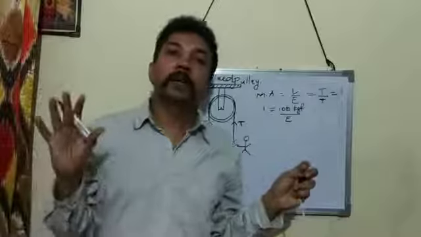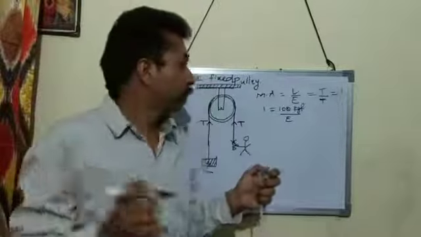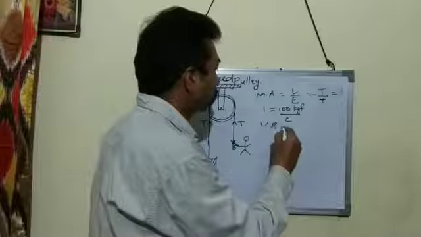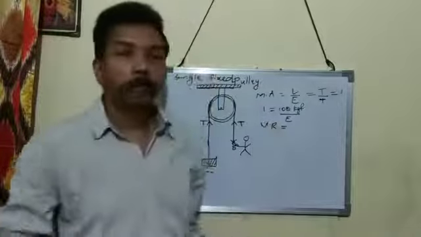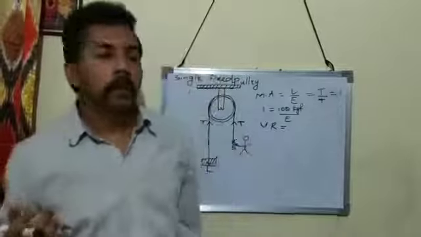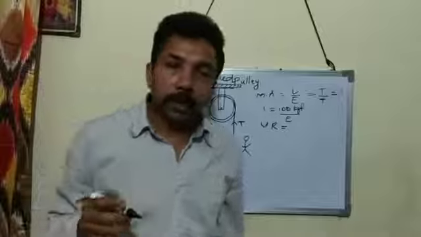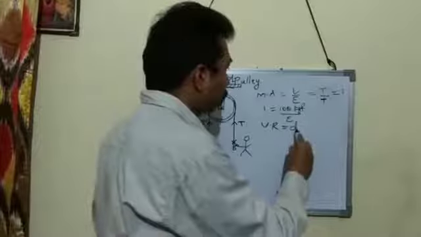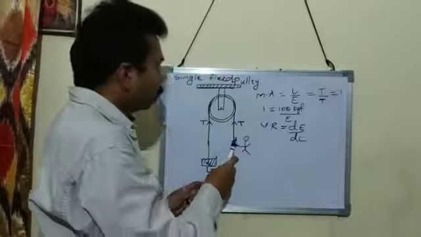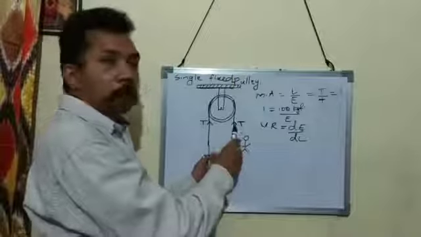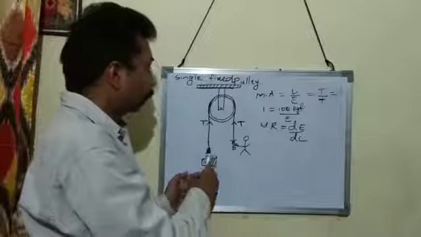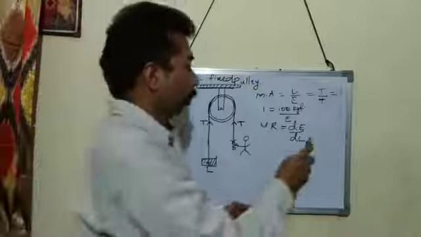Now we have to find the velocity ratio of a single fixed pulley. Velocity ratio is the displacement of effort upon the displacement of load. If you pull this effort by x meter, then the load will rise up by x meter.